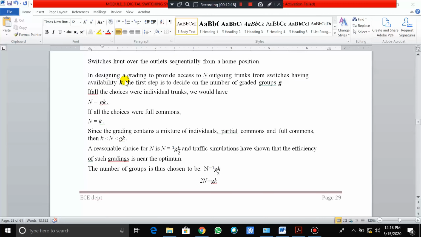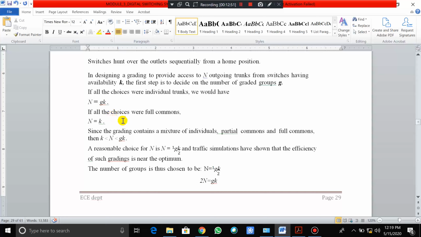In order to design the grading to provide access for N outgoing trunks from the switch with availability K, the first step is to decide the number of grading groups, G. If all the choices were individual trunks, we have N equal to G into K. N is the outgoing trunks, G is the grading groups, and K is the availability.